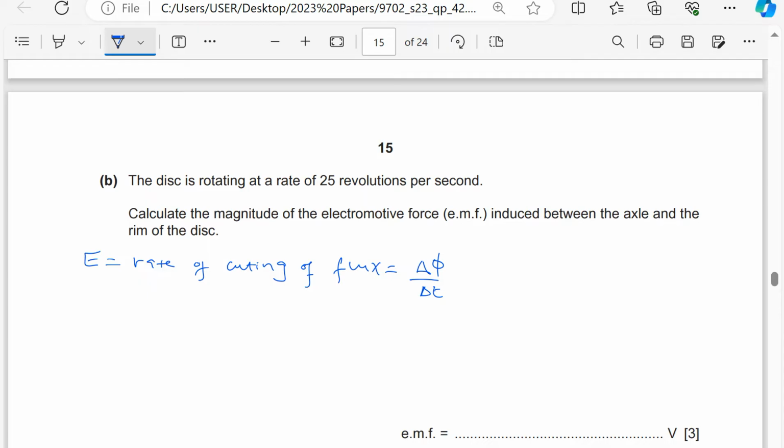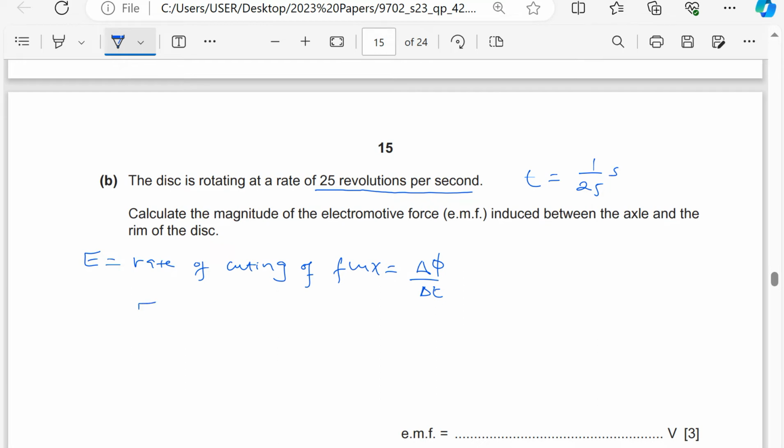So calculate the magnitude of the EMF induced between the axle and the rim of the disk. The disk is rotating at a rate of 25 revolutions in 1 second. So the time for one revolution is going to be 1 divided by 25 seconds.